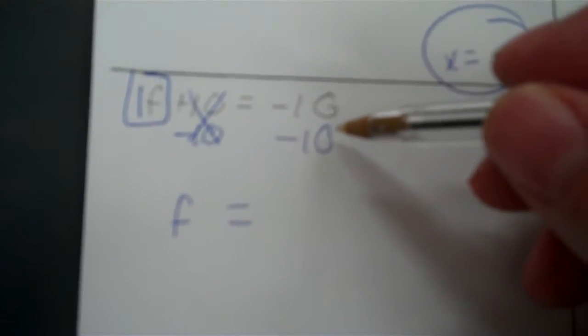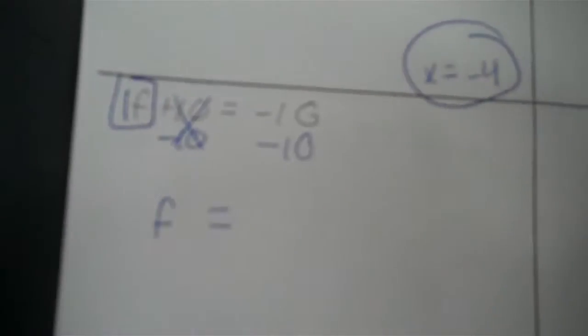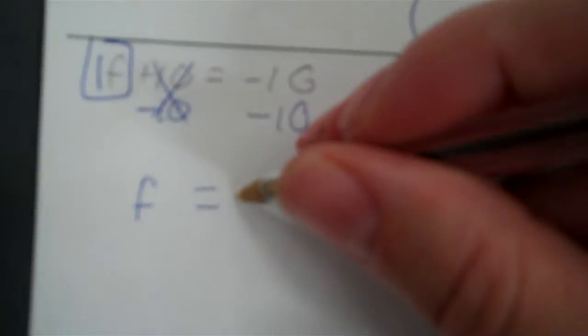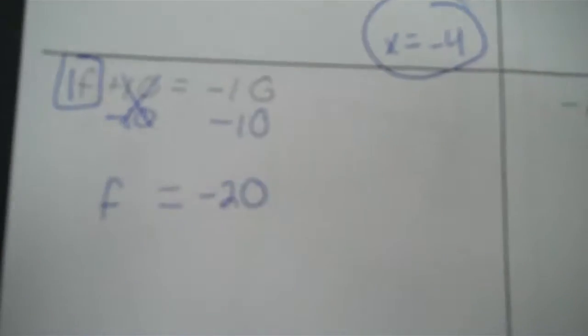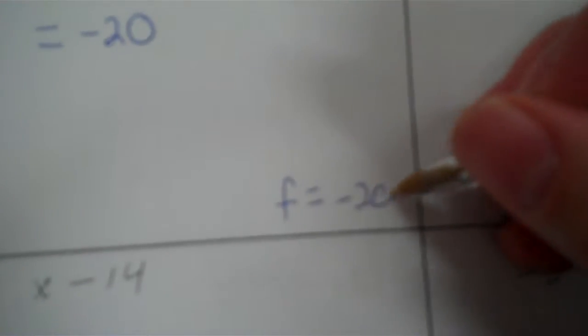If you're at negative 10 on a number line, here I'll even draw it, and you subtract 10, you ain't going towards 0. You're going further out this way. Negative 10 minus 10 is negative 20. So negative 20.